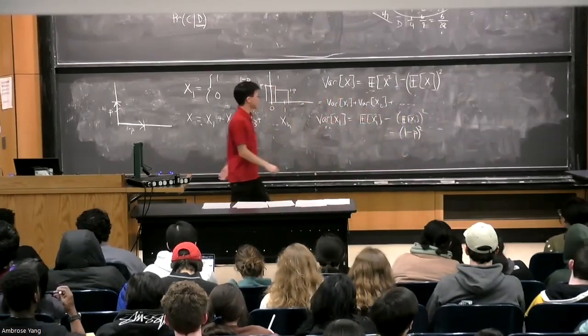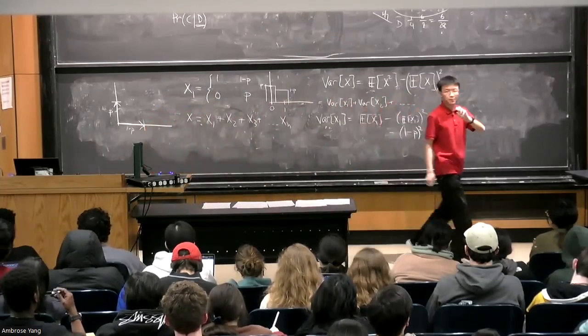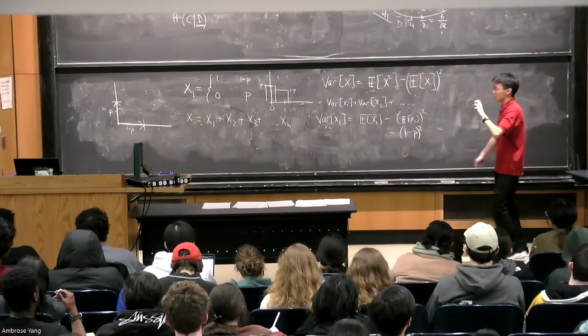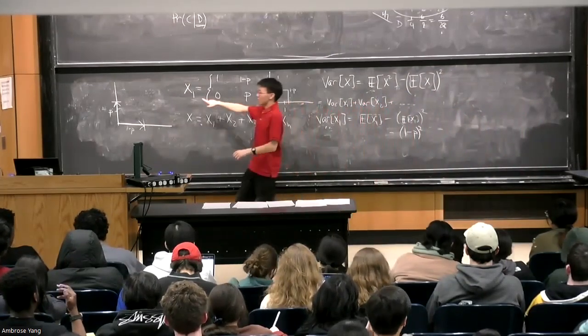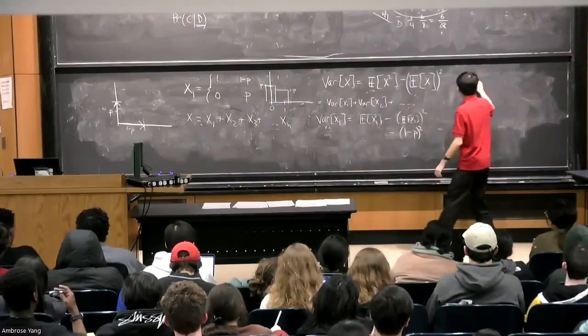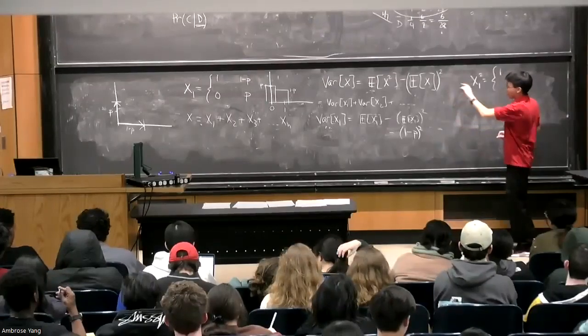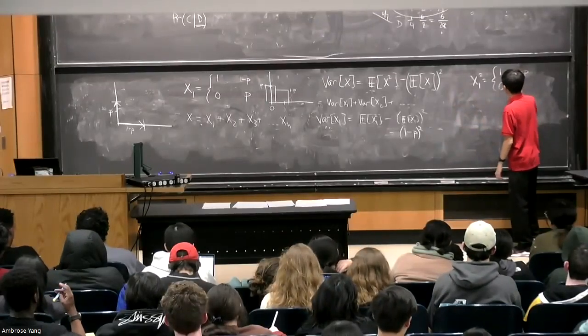What's E of x1 squared? Well, x1 squared, remember, this is just a signal. So x1 squared is saying, well, tell me how much you change in x, and the signal will pop out with the square of that value. x1 squared, therefore, is equal to 1 when the signal pops out 1 with probability 1 minus p, 0 with probability p.